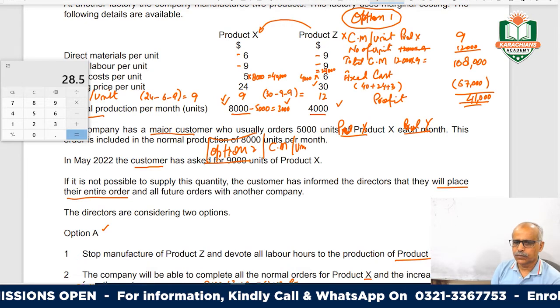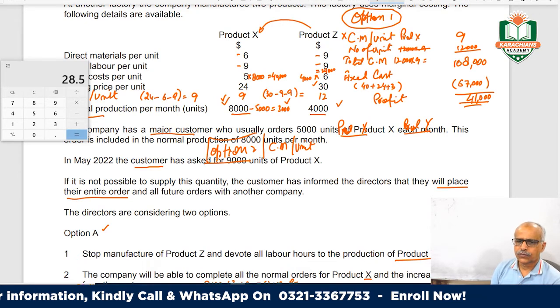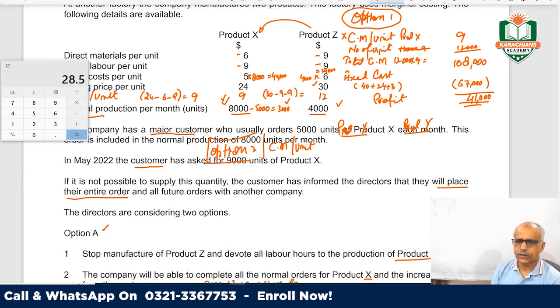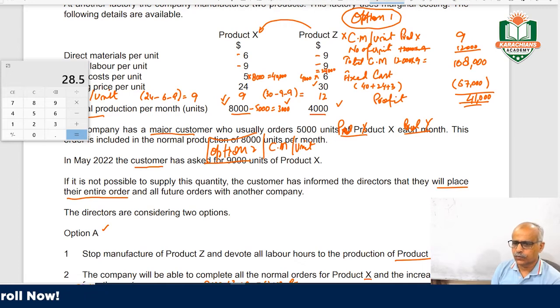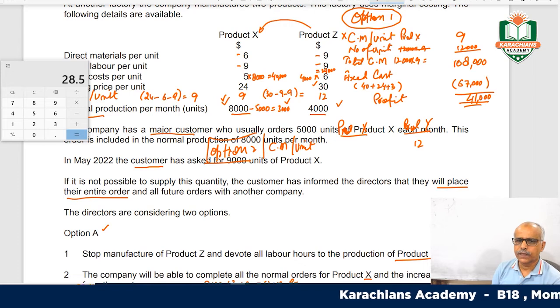Per unit contribution margin for product Z was 12. For product X, we have to calculate it again because product X prices are being reduced.